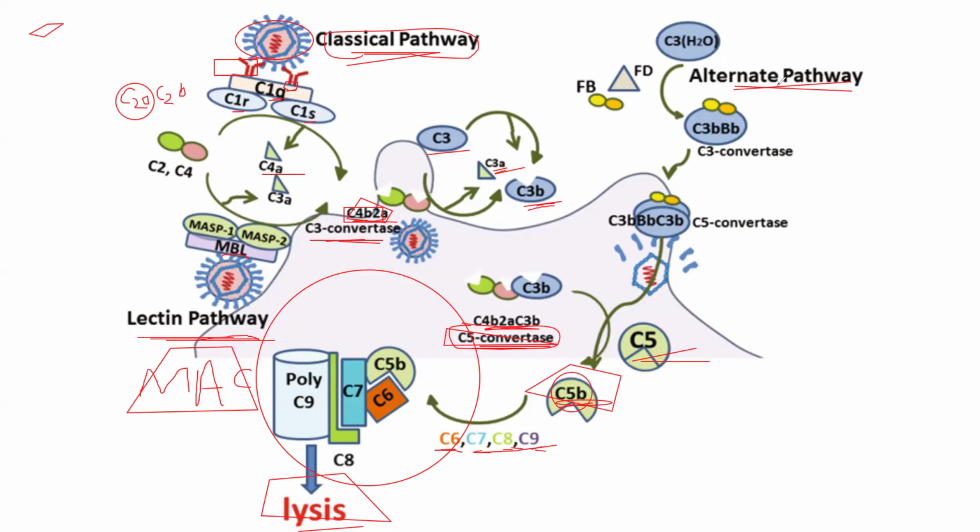The other one is the alternative pathway, which can be spontaneous. In it, C3b and factor B combine to make C3 convertase. This then acts to make C3a and C3b, and C3b combines with factor B and C3b to make C5 convertase.